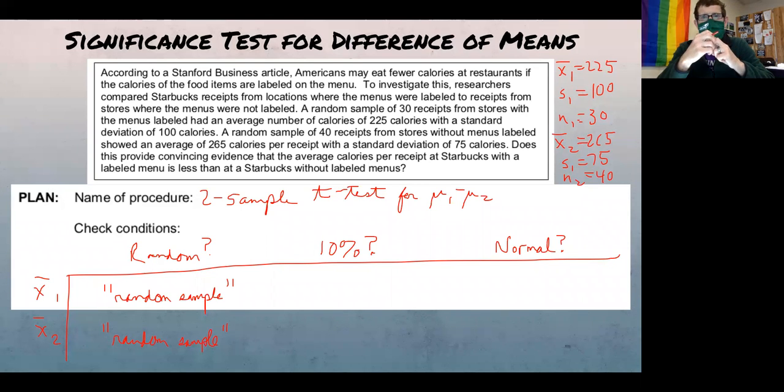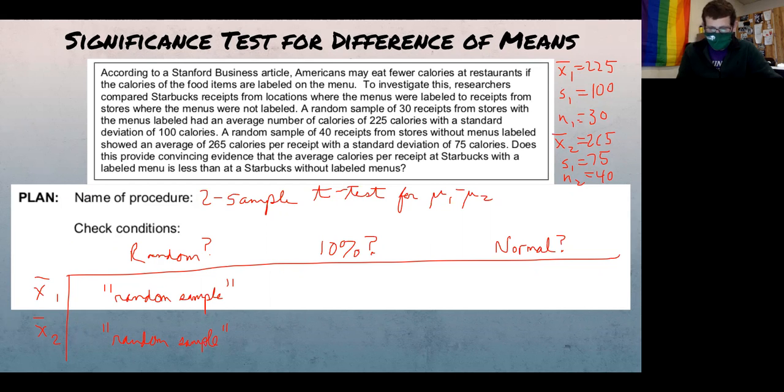So we had a sample of 30 transactions from stores with menus labeled. Do we think that represents more than 10% of all the transactions that happened? No. I think it's safe to say that is less than 10%.